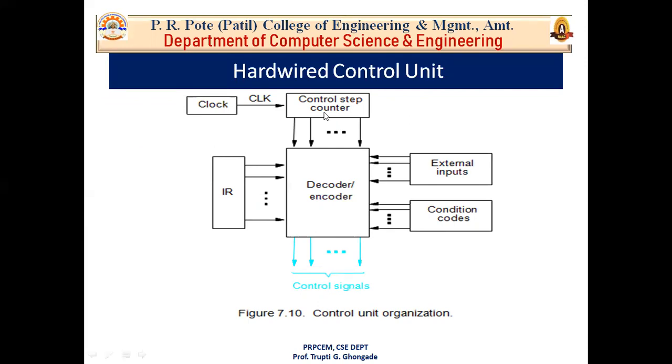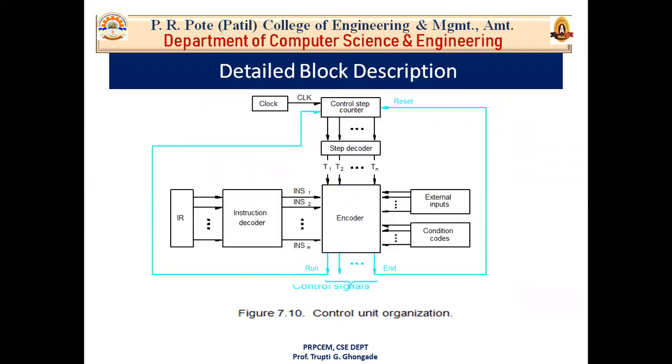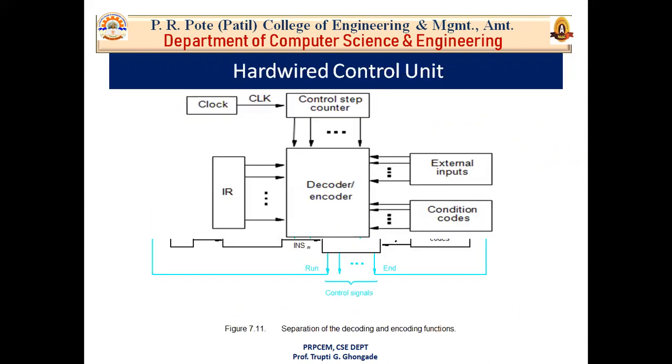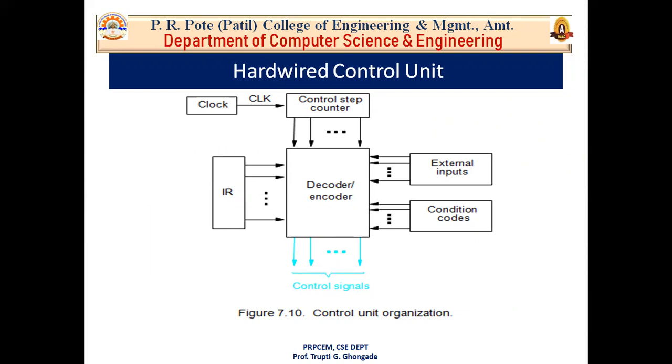Each count of this counter corresponds to one control step. That means one clock cycle corresponds to one control step. The required control signals are determined by the contents of the control step counter.